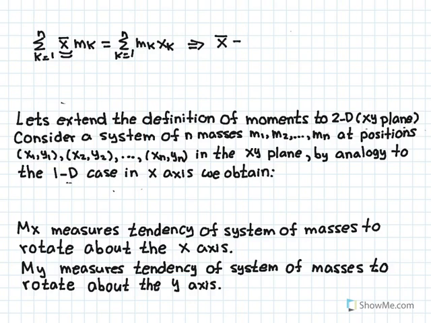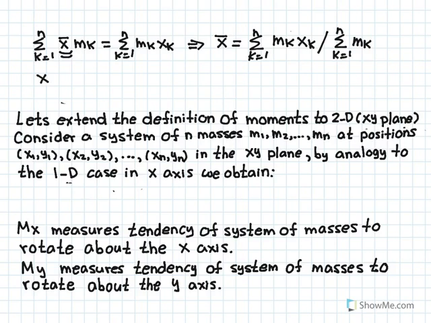We get x bar is equal to the summation k goes from 1 to n of mk xk, the product of mass times distance, divided by the sum of the masses, the summation of mk, k goes from 1 to n.